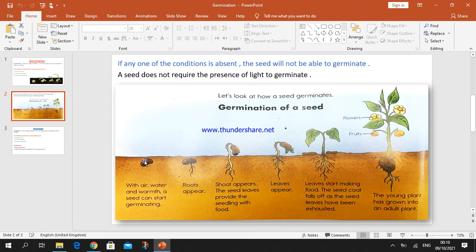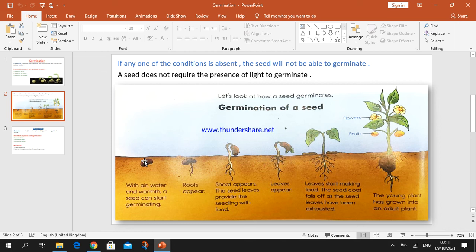Again, the function of the seed coat: number 1, protect the young plant from injury and drying out. Seed leaves, okay, provide the embryo with the food or nutrients needed to grow, and the embryo is a baby of the plant.